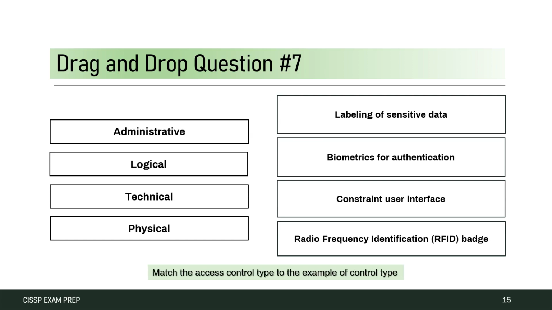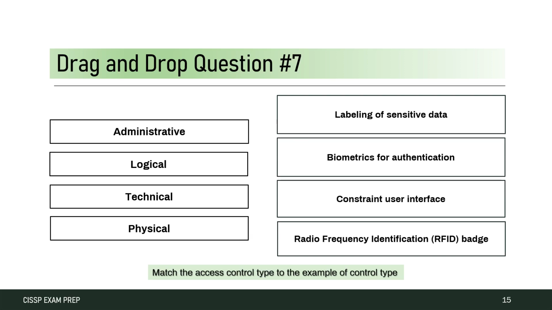Now, let's have a look at question number 7. I believe that this might be our last question in our sample questions. Match the access control type to the example of control type. On the left side, we have administrative, logical, technical, and physical.